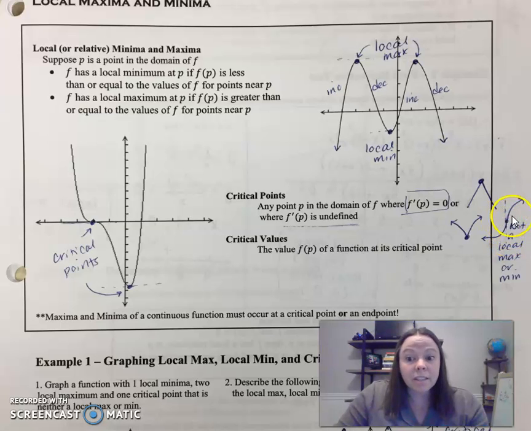And you can tell again, that's not actually a local max or min. So we'll have to be very cautious when we're setting the derivative equal to 0. The numbers that we get, our potential critical points, aren't always necessarily going to be guaranteed to be local max or mins. Okay. And then watch out, sometimes it'll ask for the critical value, and I'm going to want the full point. I'm going to want the actual y value.